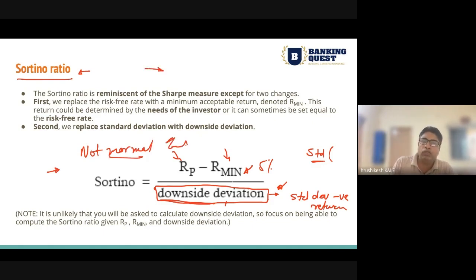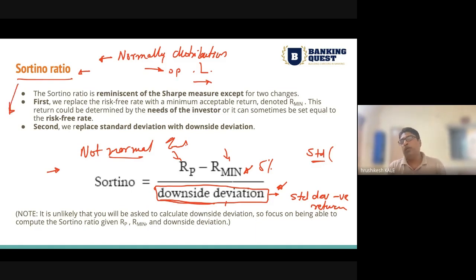They try to invest in options, levered products, and derivative products, which are all non-normal, and all these ratios are calculated with the assumption that returns are normally distributed. So Sortino ratio is generally used by hedge fund managers to handle non-normal returns.